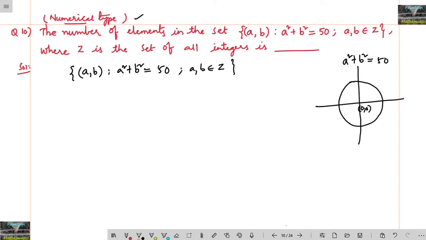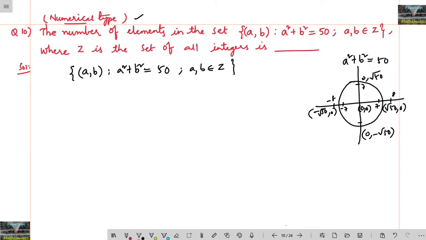So this is root 50 comma 0, and this is minus root 50 comma 0, and this is 0 comma root 50, and this is 0 comma minus root 50. Root 50 is a little above 7, so 7 will be here among the integers. It is lying between 7 and 8. So this is 7 and this is 8. This is minus 7 and this is minus 8. Similarly here also 7 and 8.